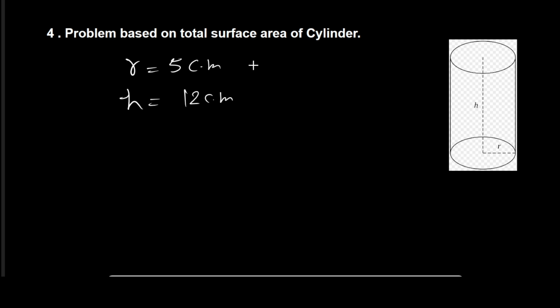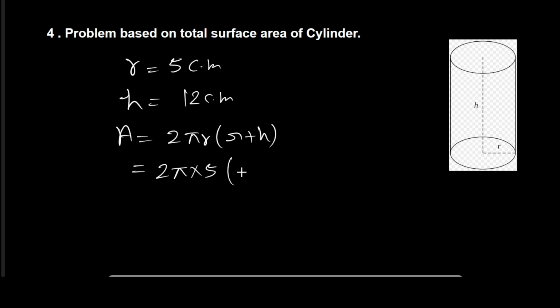Moving to the problem based on total surface area of cylinder, we have our first problem, which is r equal 5 centimeter and h equal 12 centimeter. We have learned the total surface area is 2 pi r in parentheses r plus h. Now plug these values into the formula. So 2 pi, the value of r is 5 centimeter, and r plus h means 5 plus 12.